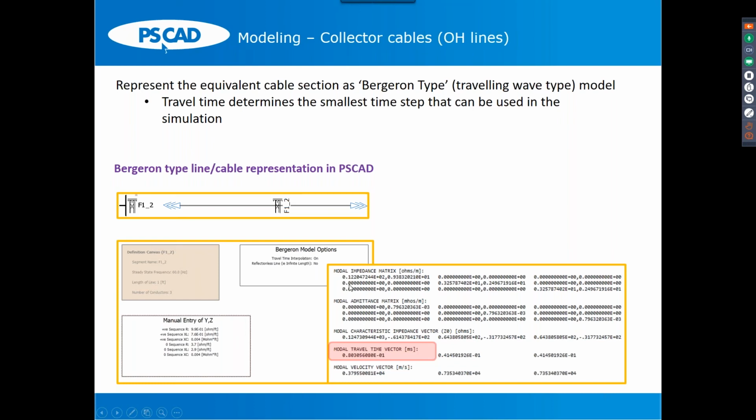When you implement the Bergeron model, you will have to enter your RXB data that you calculated through the aggregation technique. And if you go into the cable or line constants output section, you can check what the travel time or the propagation delay of this equivalent cable is.